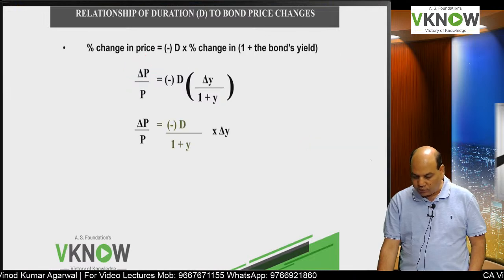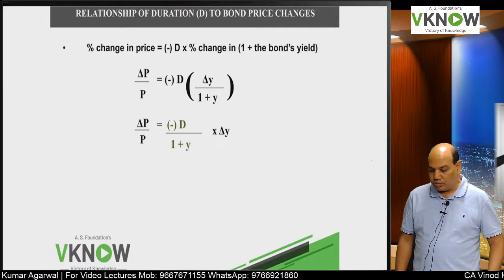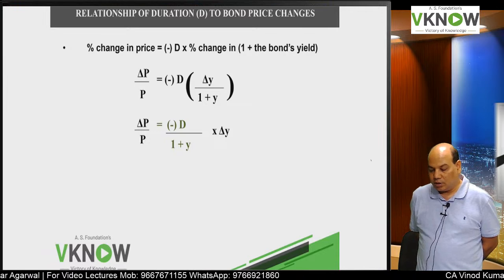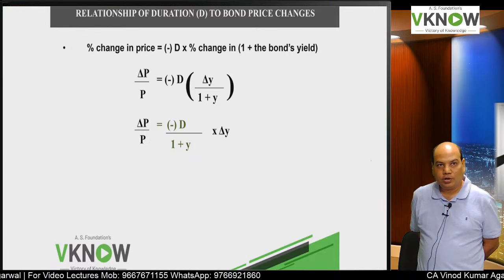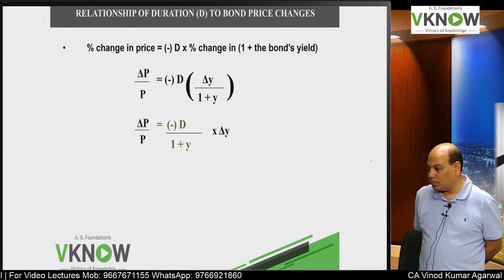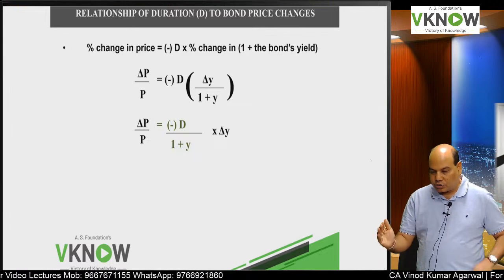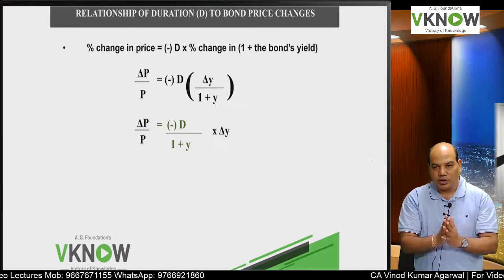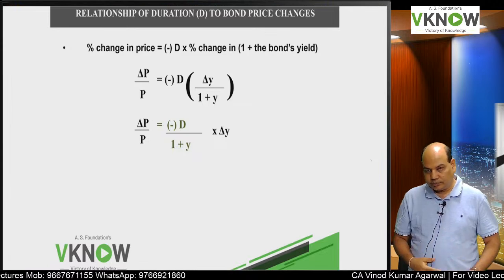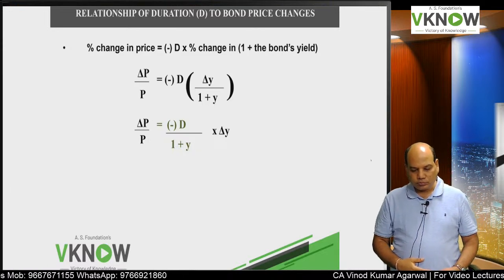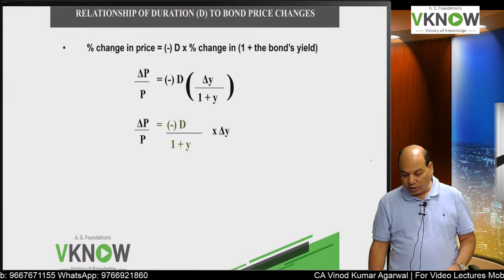So can we write it further as follows? Minus delta P upon P equals minus D upon 1 plus Y, into delta Y. I have just shifted 1 plus Y below. Now look at it carefully.